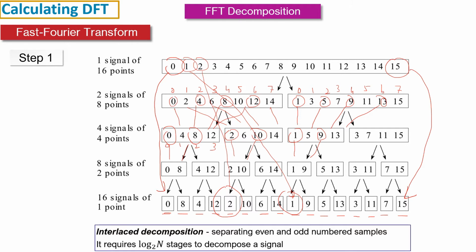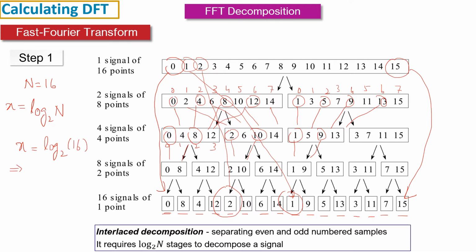N is equal to 16, right? So using this formula, log base 2, how can we calculate? Let us say x is the number of stages, right? So x is equal to log base 2 of N, which is 16, right?